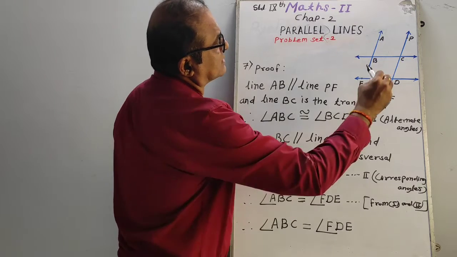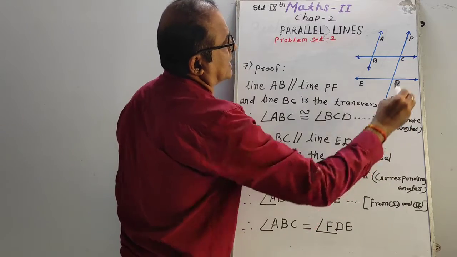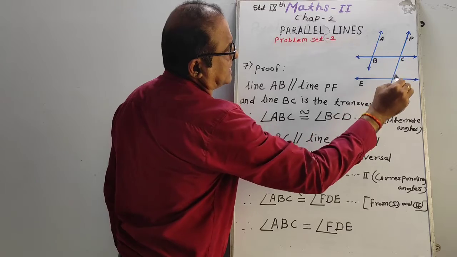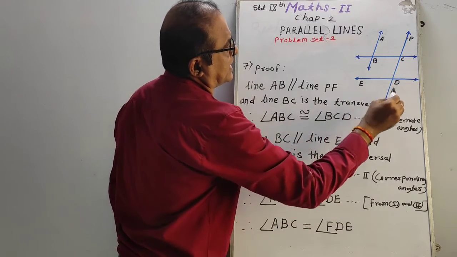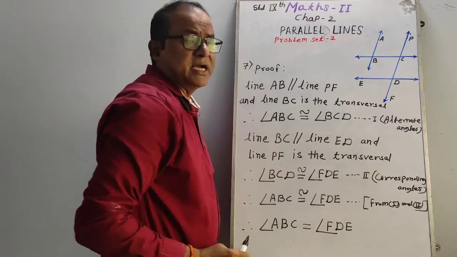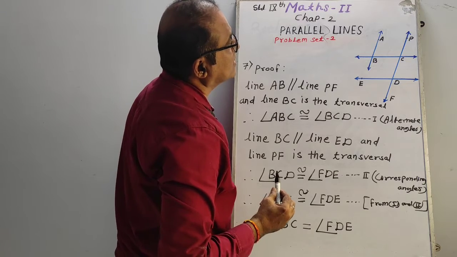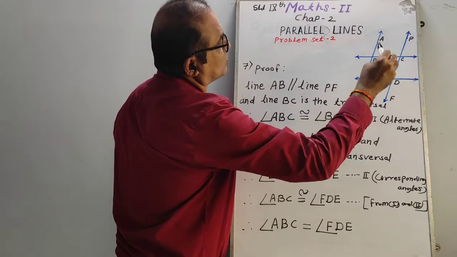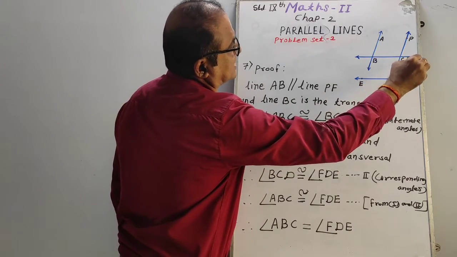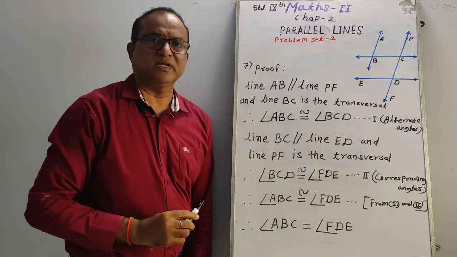Then you can take line BC parallel to line ED with transversal PF. Then angle BCD and angle FDE are corresponding angles, and corresponding angles are congruent. Then you can prove angle ABC is equal to angle FDE. Let's see.